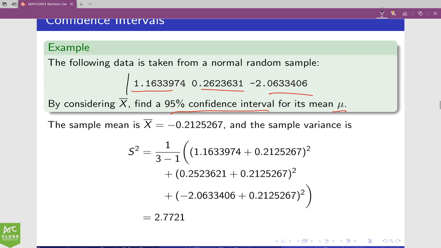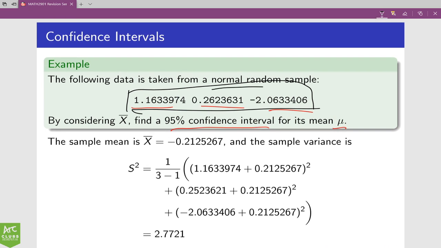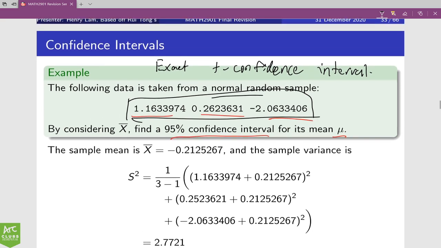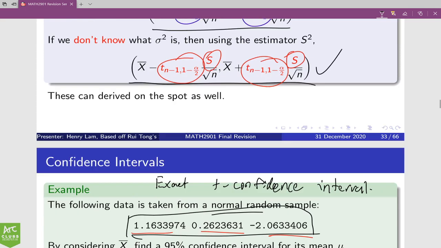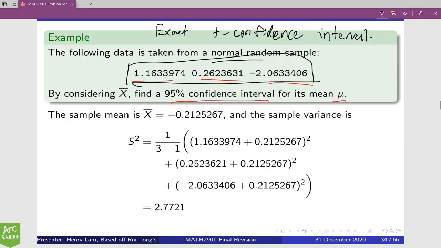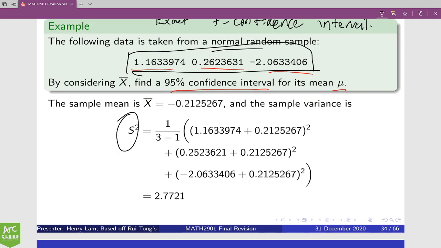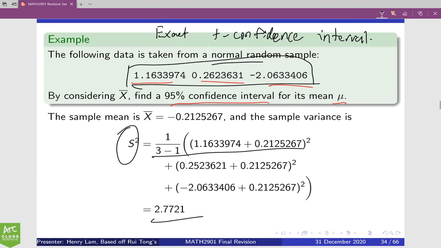It just says you collected data from a normal distribution. It doesn't say anything about the parameters. So you have to use the exact t confidence interval. You can't use the first one, you have to use this one, because we don't know what the variance is. And so we have to find the sample variance, which is just plugging numbers in. It turns out to be this.